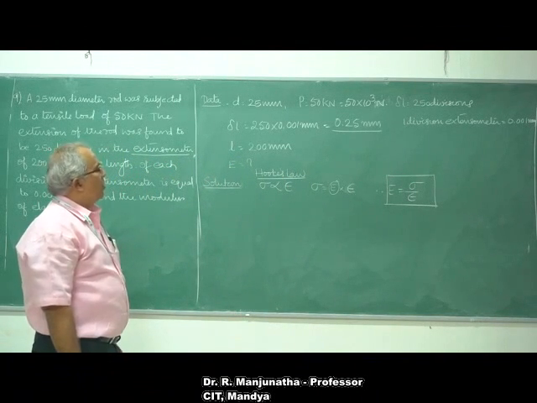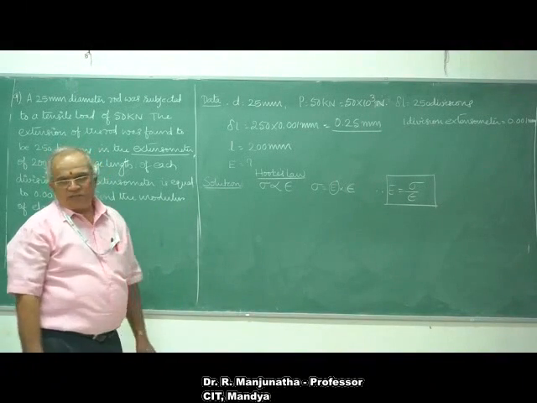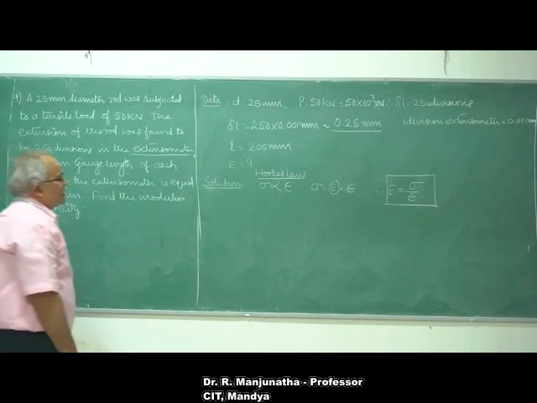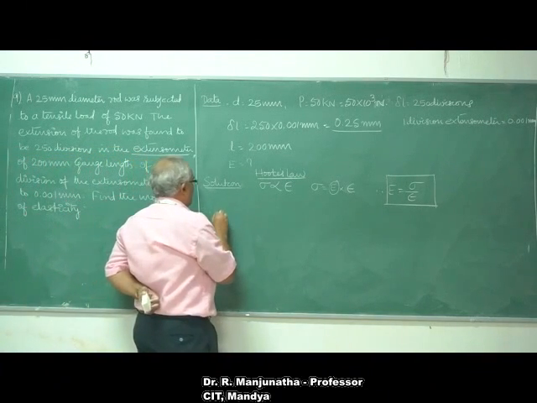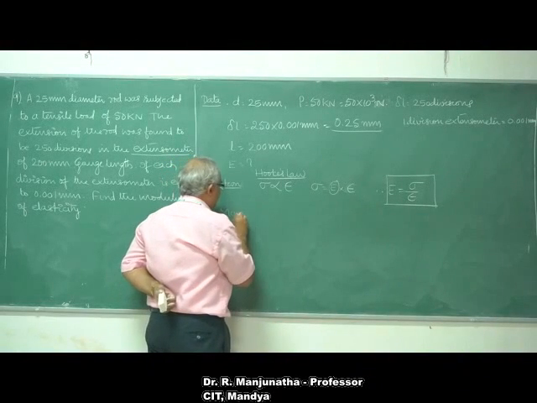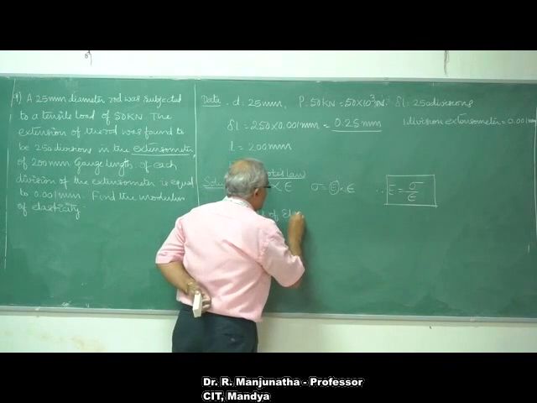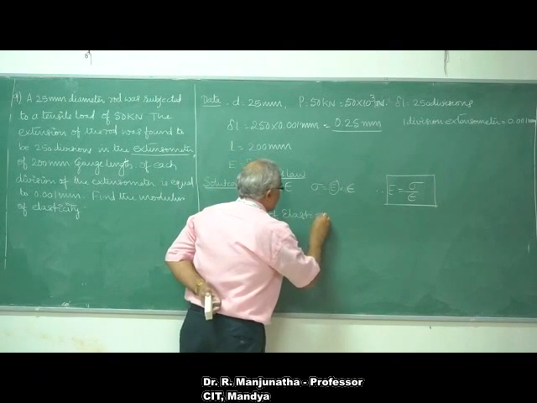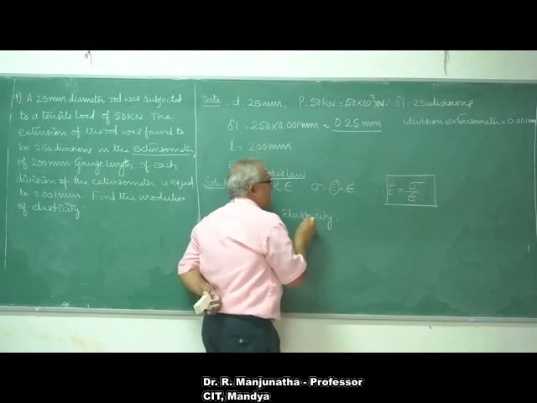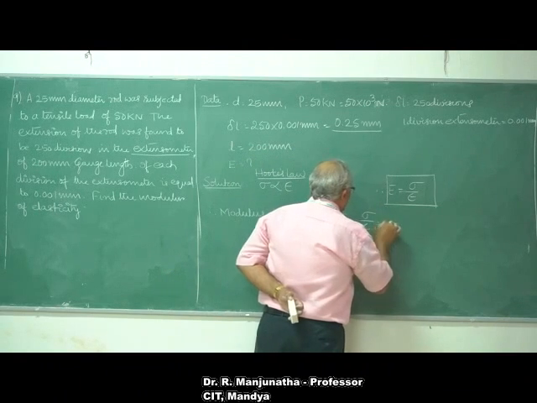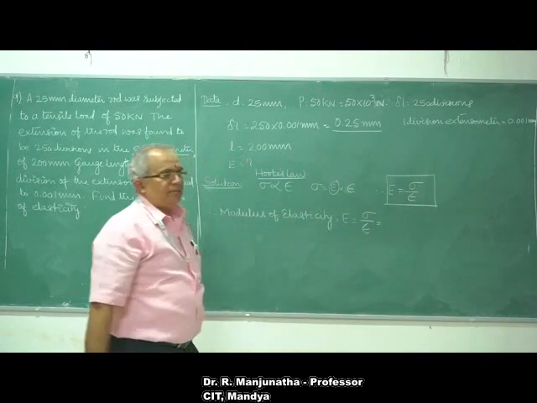Now we know the stress, so the modulus of elasticity can be found out. From this expression, the modulus of elasticity E is given by sigma by epsilon. Sigma is nothing but the stress.